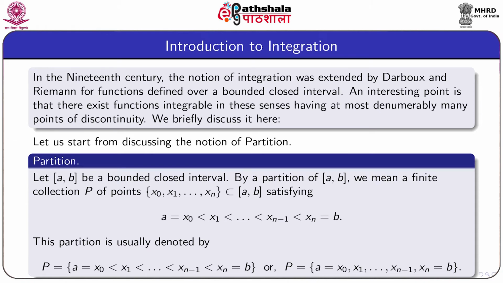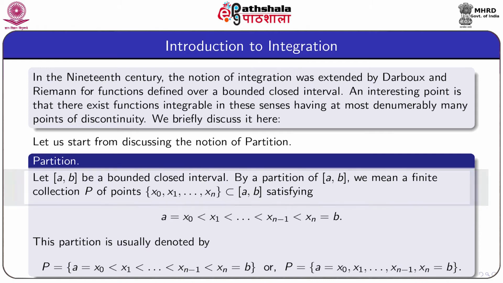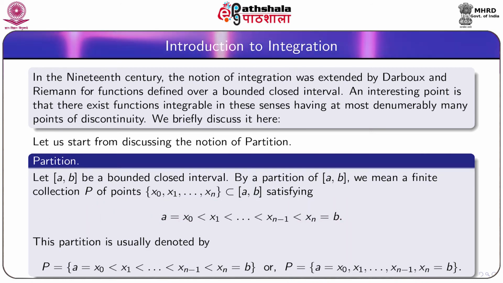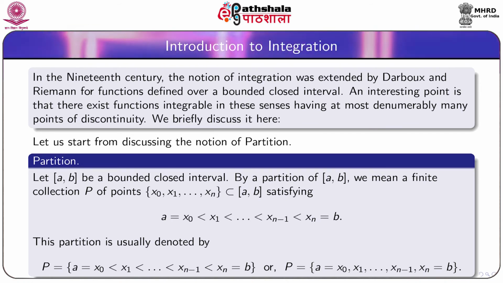We start from the notion of partition. Let [a, b] be a bounded closed interval. By a partition of [a, b], we mean a finite collection P of points x0, x1, continuing up to xn. All these points are taken from the bounded closed interval [a, b], satisfying a equal to x0 less than x1, continuing, less than xn minus 1 less than xn, which equals b.